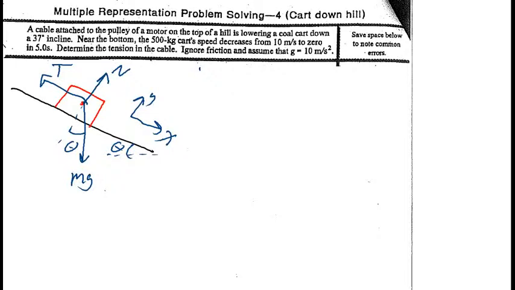All right, so now we're in a position to use Newton's second law in order to find the value of the tension. So we have our force diagram with the tension force, the normal force, and the weight. Let's make our table of what we know for the forces part of the problem. The mass of the cart is given to be 500 kilograms.